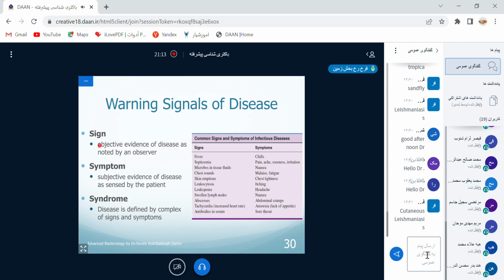For example, when a patient is in the hospital or in a physician's office, a nurse or a physician or lab worker can find something about the disease. Objective evidence of disease as noted by an observer.